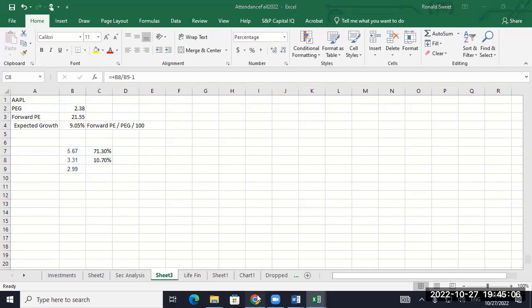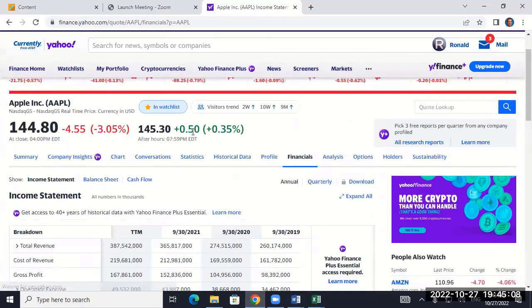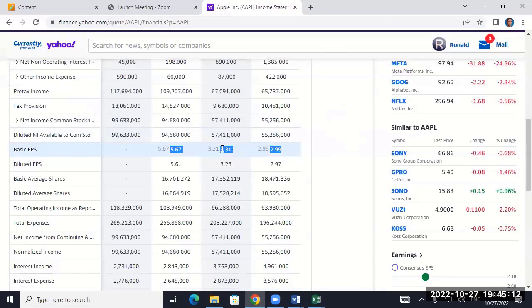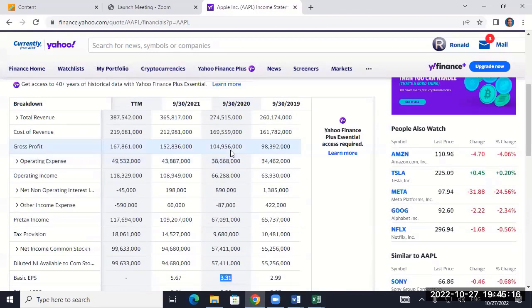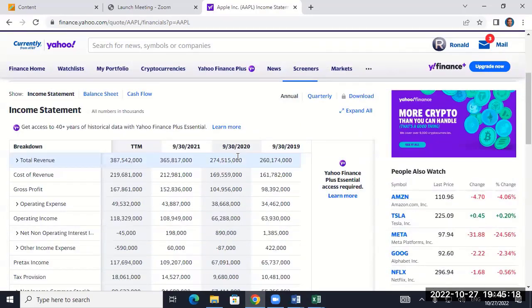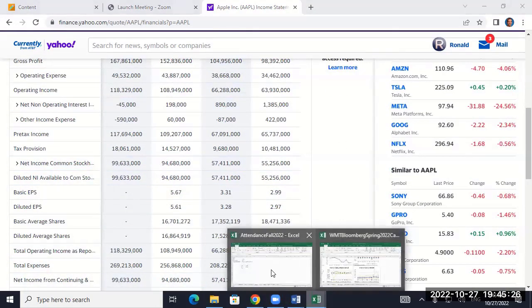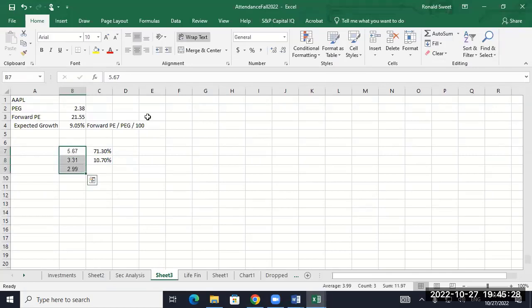And 10%. Do I have Apple or did I pull the wrong company in? It went from 331 to 567. That's a lot more. Look at their revenues. My word, pretty impressive, isn't it? Look at the recent history. 9% doesn't seem too radical.